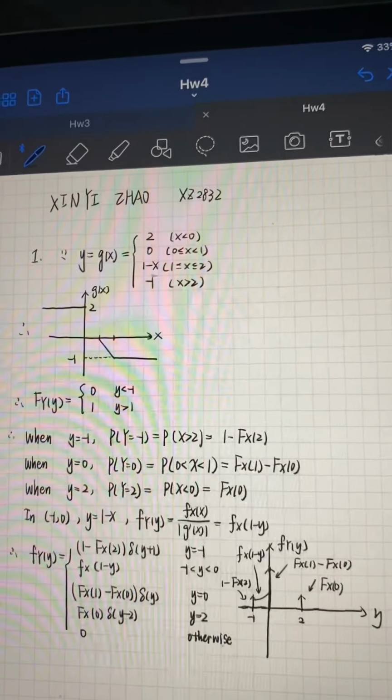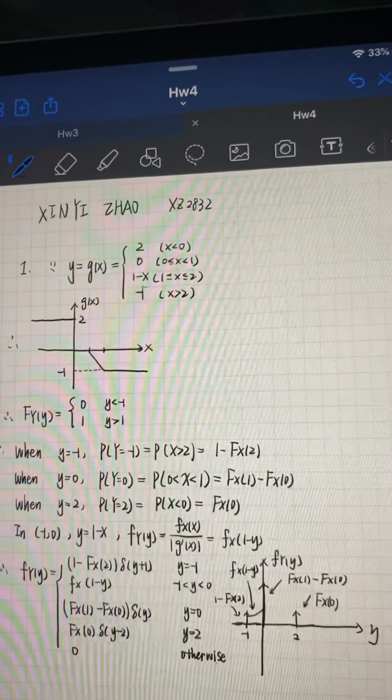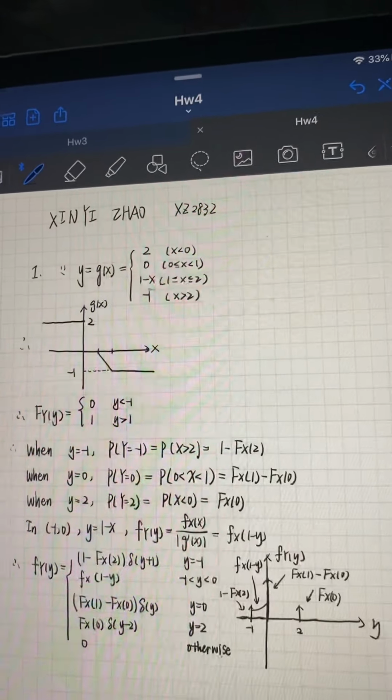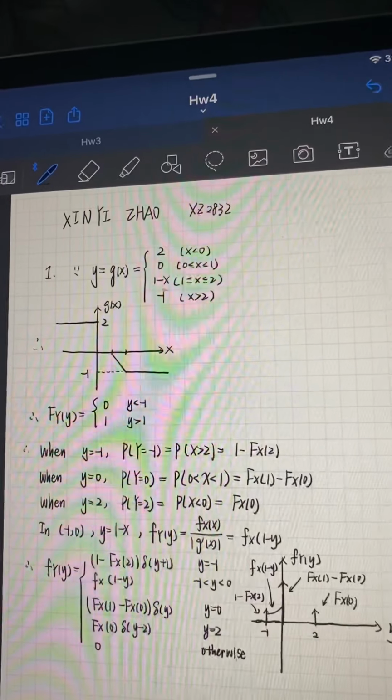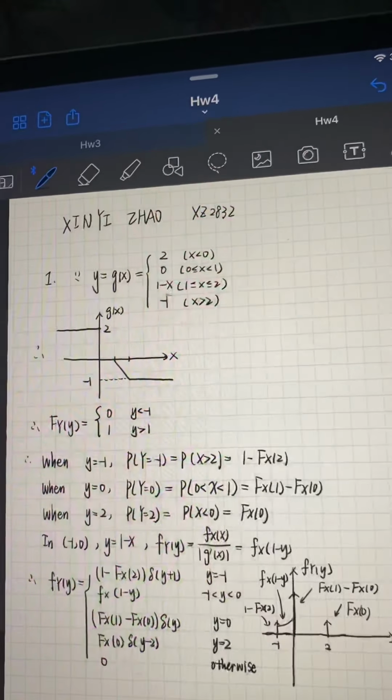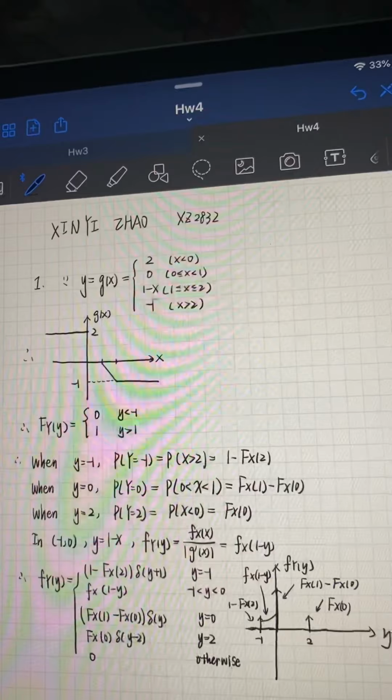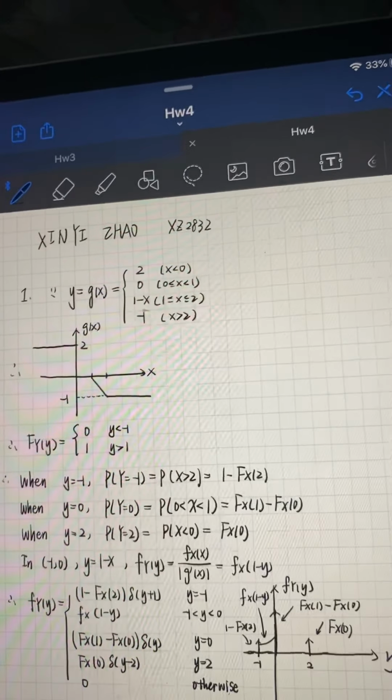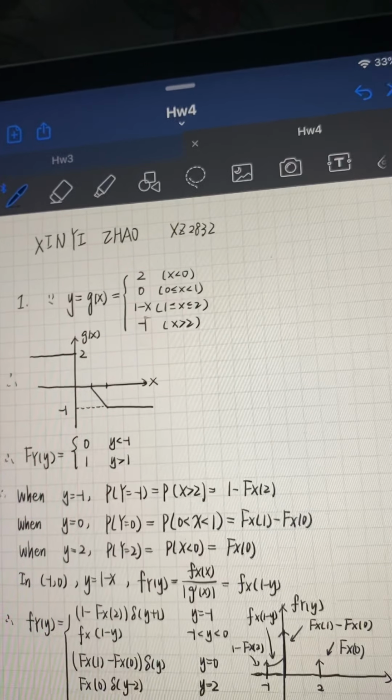And we already know that y equals gx, which is 2 when x is smaller than 0 and 1 when x is between 0 and 1.